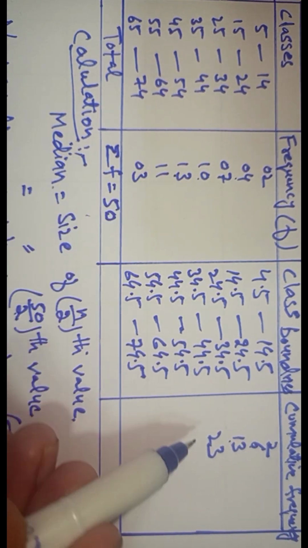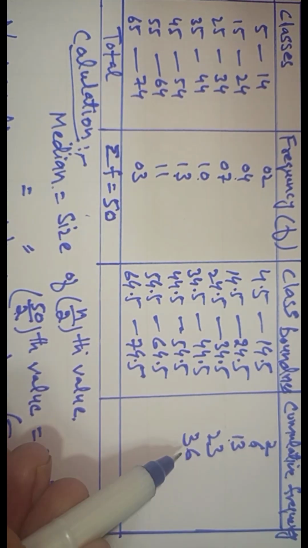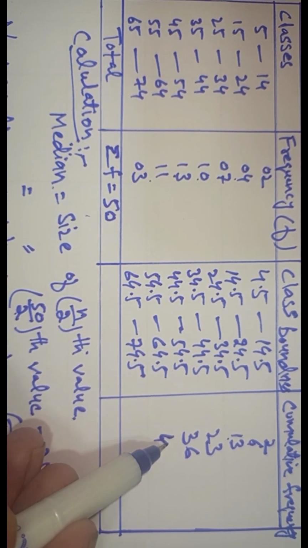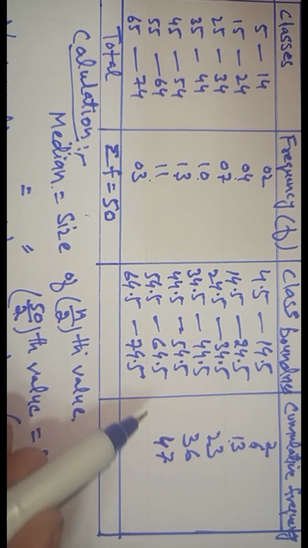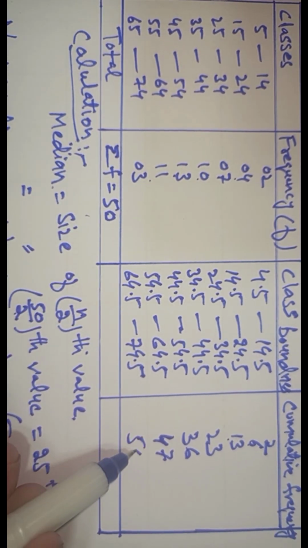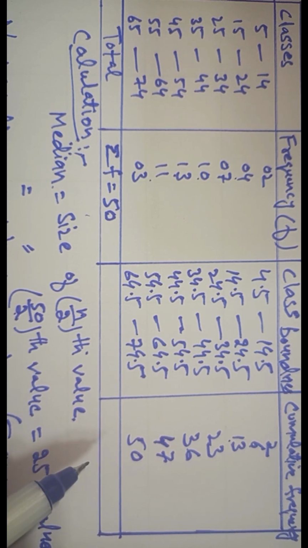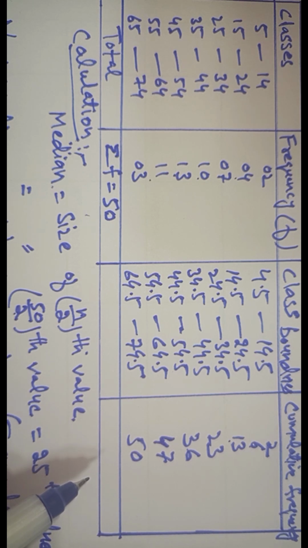Plus 13, 36. Plus 11, 47. Plus 3, that is equal to 50. Now the cumulative frequency is 50. It means the total frequency is 50.